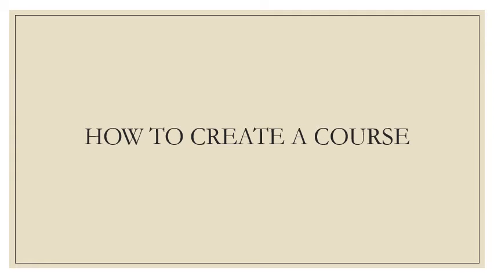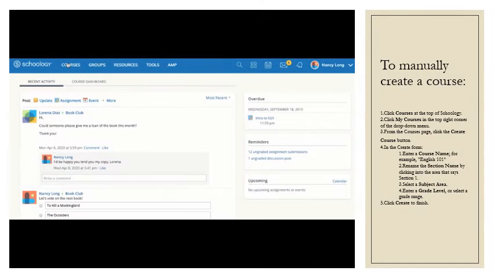Okay, the last material is how to create a course. This picture talks about how to create a course manually. The first step that we need to do is click Courses at the top of Schoology, and then click My Courses in the top right corner of the drop-down menu.